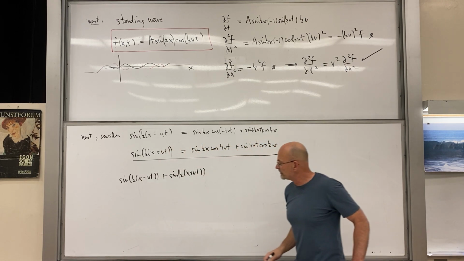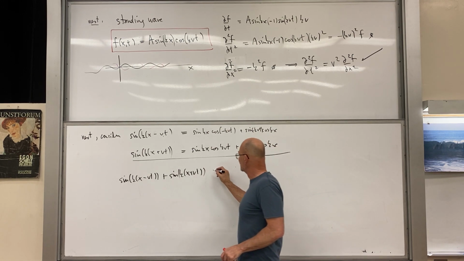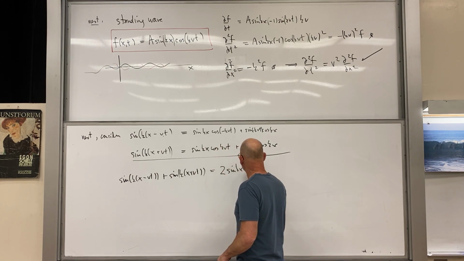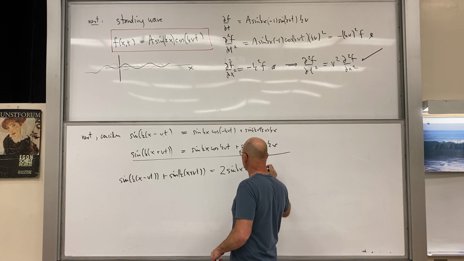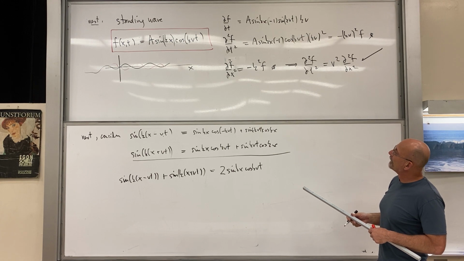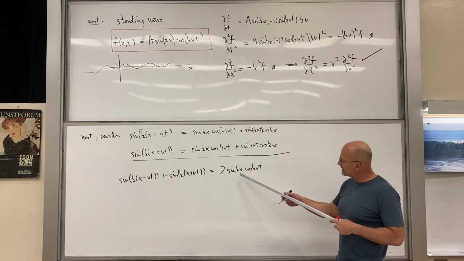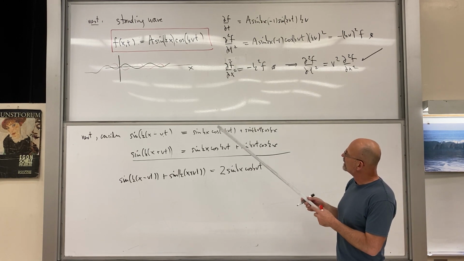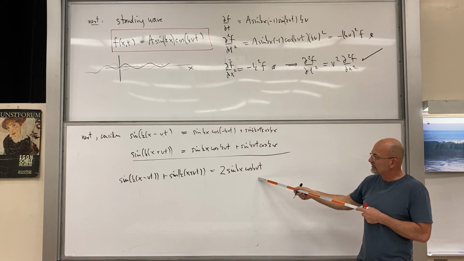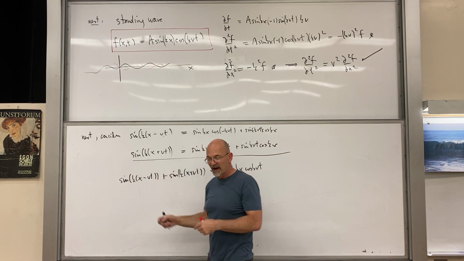So those are the right and left traveling waves, is just equal to 2 sine kx cosine kvt. And you know, I could divide both sides by 2 if I wanted to, but you can see what we have here. This standing wave, which is on the right side, is the sum of those two traveling waves moving left and right.